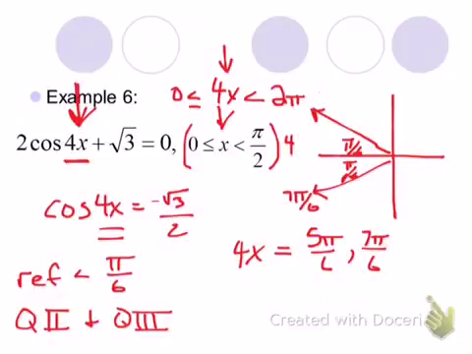Now, when have you ever in algebra or any math been asked to solve for 4x? Never. So we want to finish solving this for x. And that means we're going to divide everything by 4. Which is the same thing as multiplying it by 1/4. So x is equal to 5 pi over 24 or 7 pi over 24.